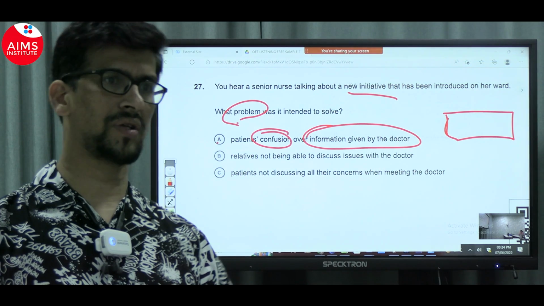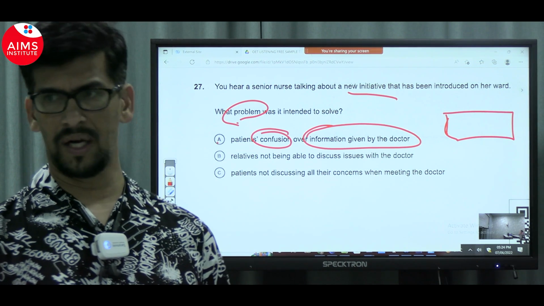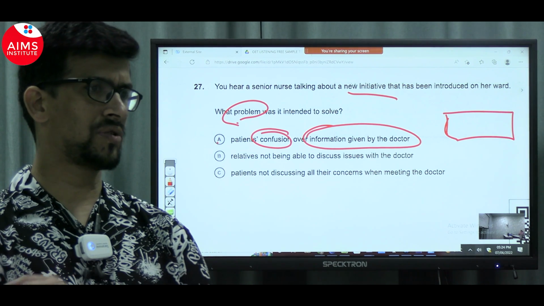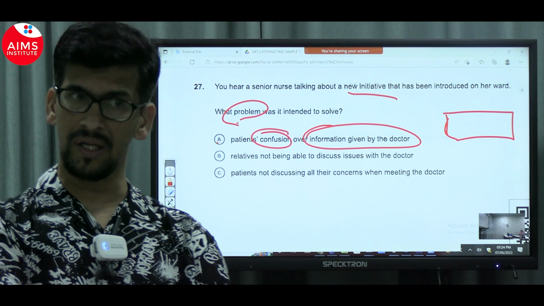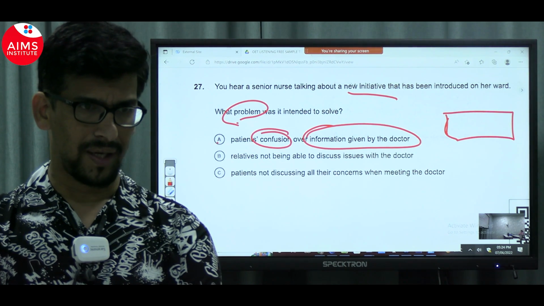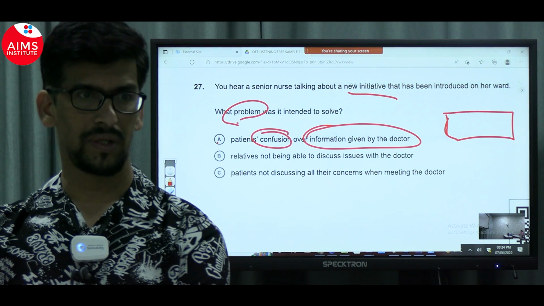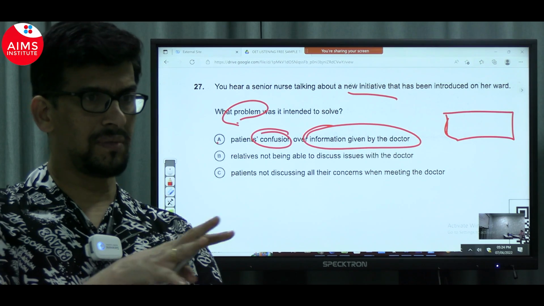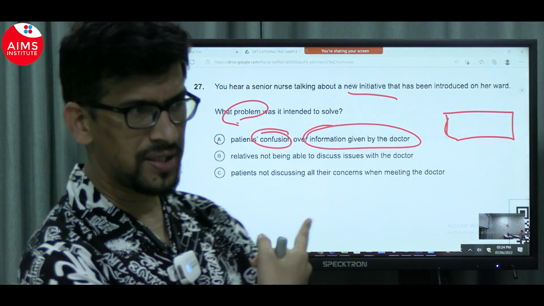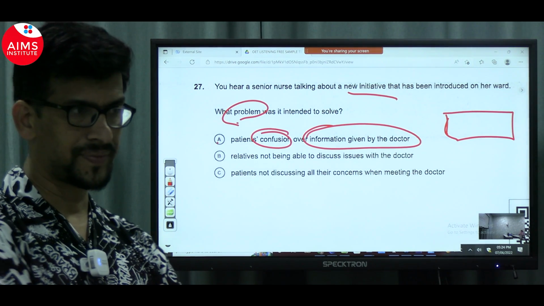If they said the doctor gave all the details and sent her to the pharmacy, and after giving the medicines, how frequently the medicine should be taken was not explained clearly, they said. And they said the doctor did his job well. But here the question is about confusion arising from the poor communication of doctors. Maybe the patient has confusion, but that is not arising from the doctor's miscommunication. In that case, that option should not be selected. There will be another better option.